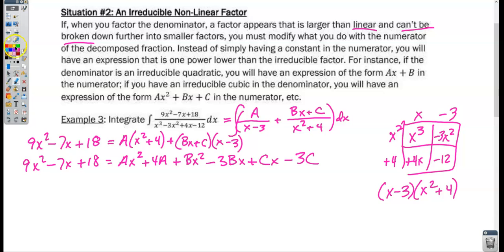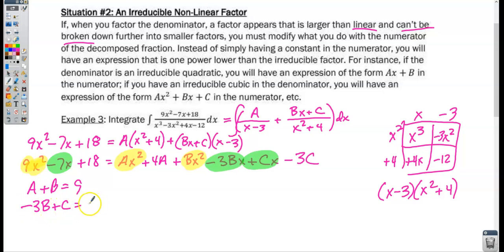And now we're going to write our system of equations. I find my x squareds, and that gives me one equation, a plus b equals 9. I do my x's next. And so I've got negative 3b plus c equals negative 7.